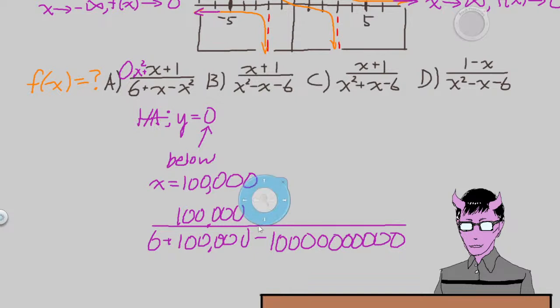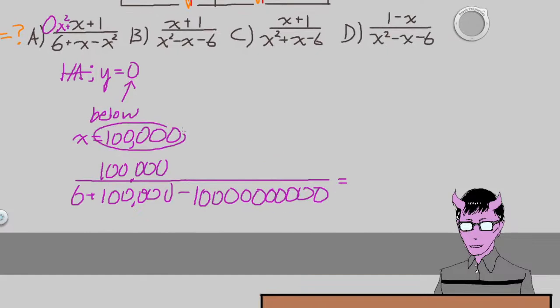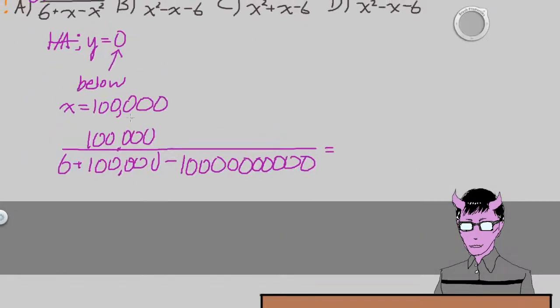So look what happens. For just this kind of a small value, it is relatively small compared to limit situations. So this one is going to be a small 1,000 over this nonsense right here. So we're going to get a small number, but what's the overall sign? The top number is going to be positive.